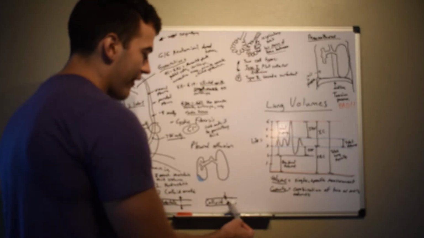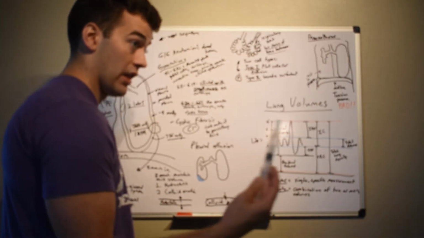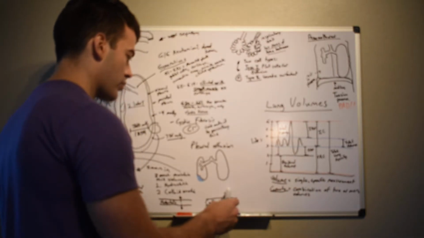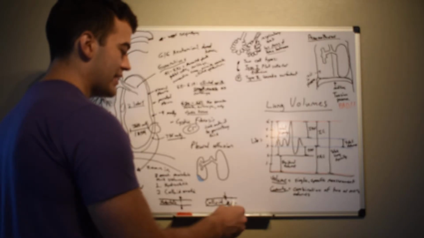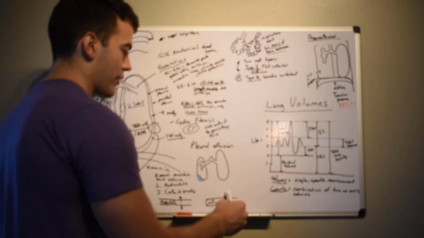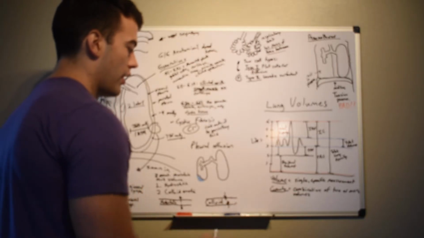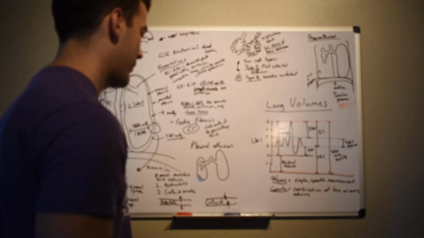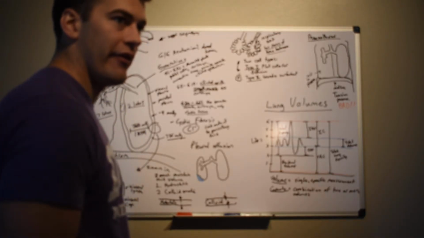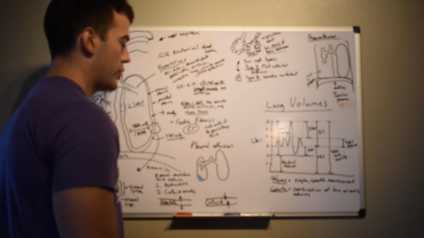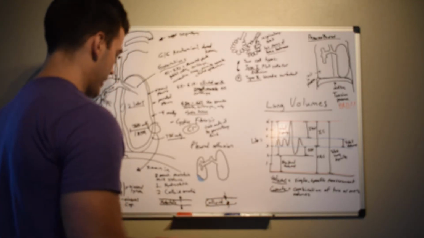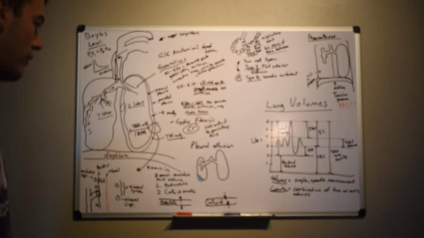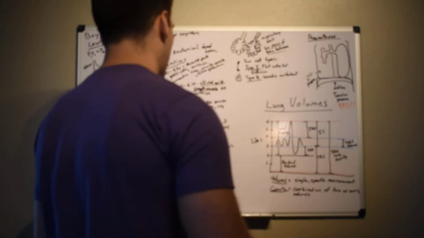And if we have a lot of albumin or other proteins within the blood, if we have more proteins in here than are in the pleural fluid, it is going to draw a lot of our fluid back into the capillaries. And vice versa, if we have less protein in here and more in the pleural fluid, it is going to force a lot more water out, or a lot more fluid out.